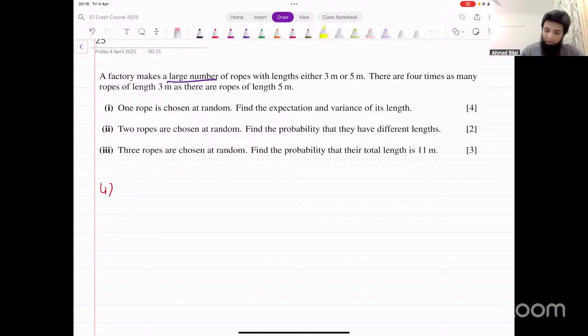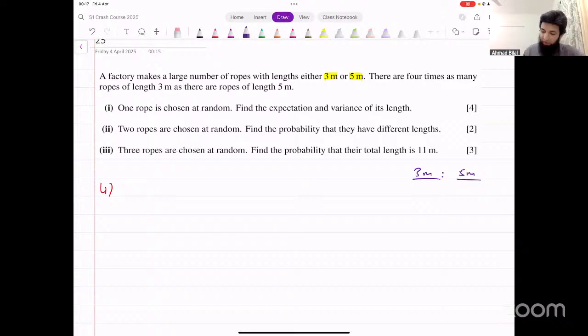Now there are 2 types of ropes that we've got. They're either 3 meters or 5 meters. The 3-meter ropes are 4 times as many as compared to the 5-meter ropes. So we can say the ratio is, you can write that down here, 3 meter to 5 meter. Which one is bigger? 4 times as many ropes of 3 meters.